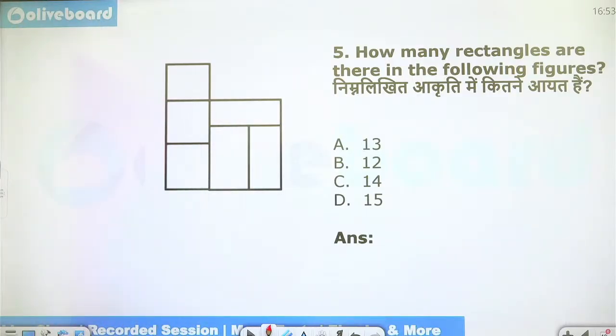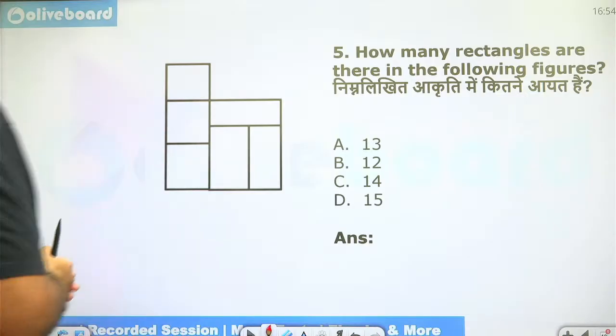Slow down and observe. How many rectangles are there in the following figures?